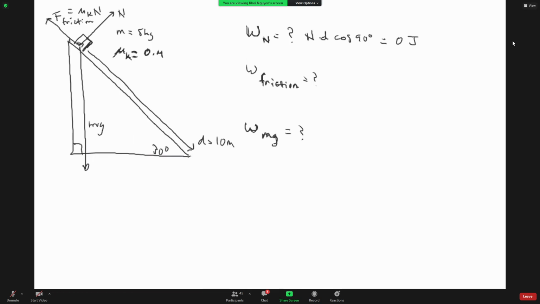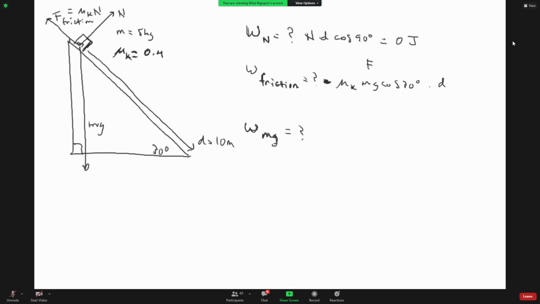Careful, this is force of friction. So there's a negative. And then there's the frictional force, which is coefficient of friction times normal force, which is mg cosine of 30, times your displacement, right?